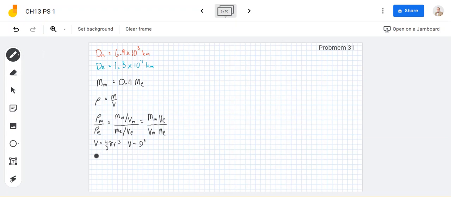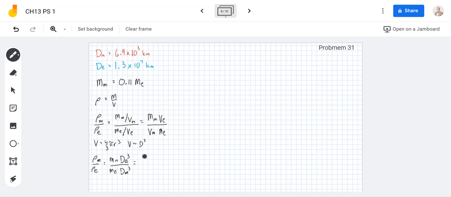So if I want to do this fraction, density of Mars over density of Earth, it's the mass of Mars times the diameter of Earth cubed divided by the mass of Earth times the diameter of Mars cubed. Oh, these are diameters. These rhos are densities.